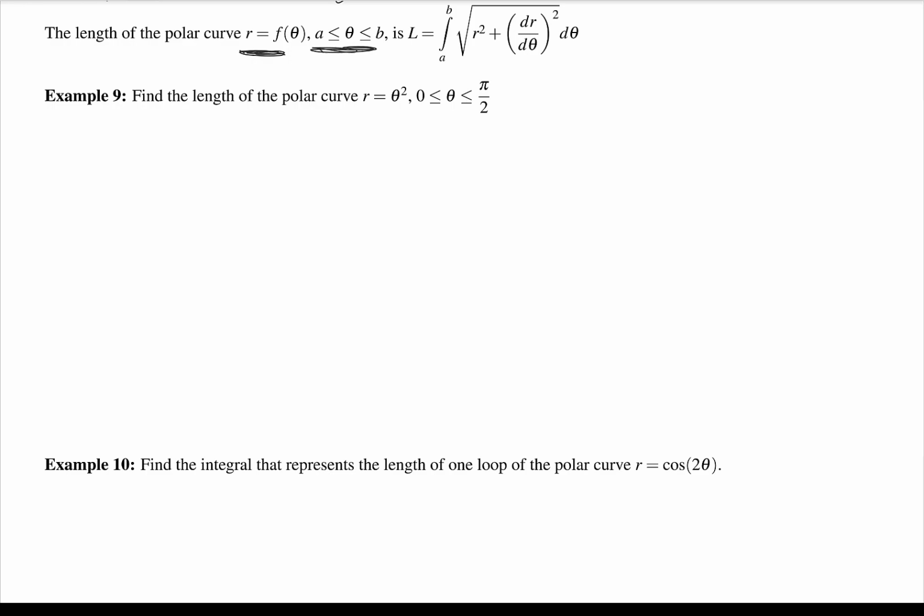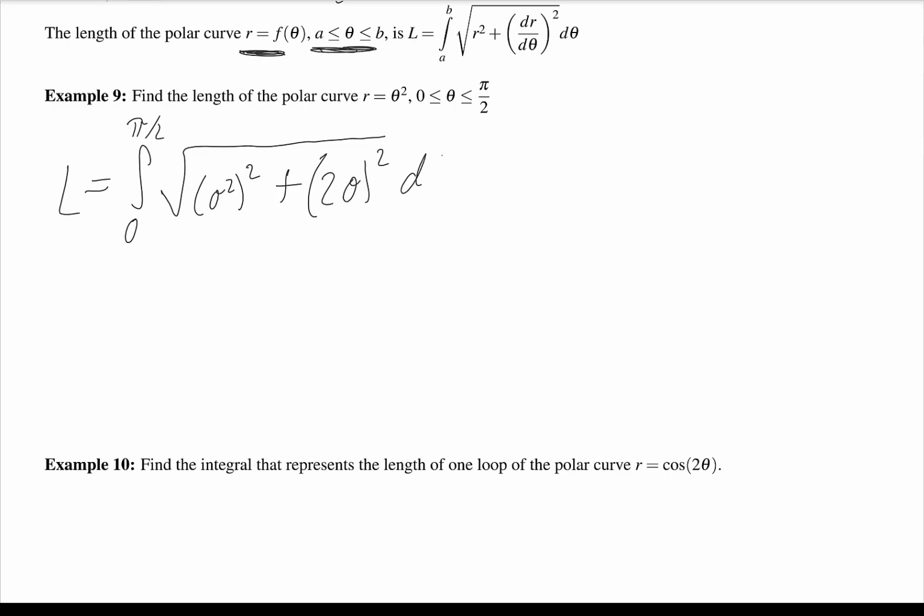So to show you what this looks like, here I know that the length is going to be given by the integral from 0 to pi over 2 of the square root of r squared, so it's going to be theta squared squared, plus the derivative of r, which is going to be 2 theta, squared d theta.